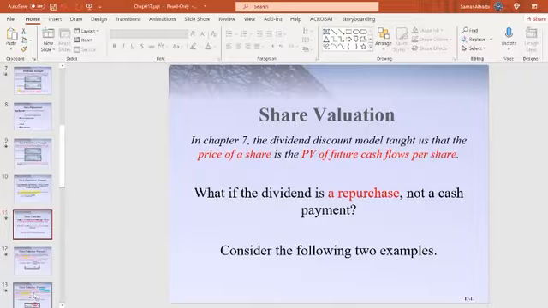Now, the question is, what if it was repurchase, not cash dividends? Before, we were relying on dividends, discounting the dividends to calculate the present value. But if we don't have dividends, if they use repurchase, how do we calculate? We will see this in the next example, inshallah.